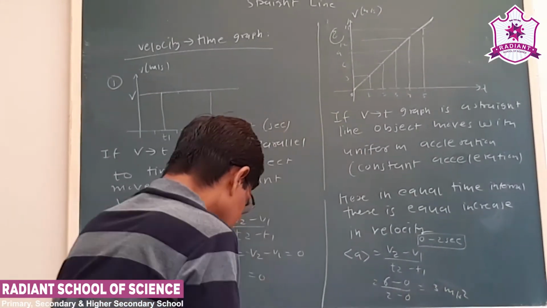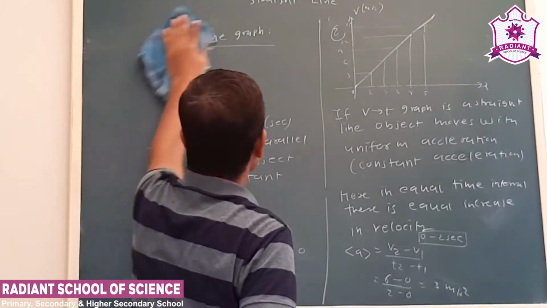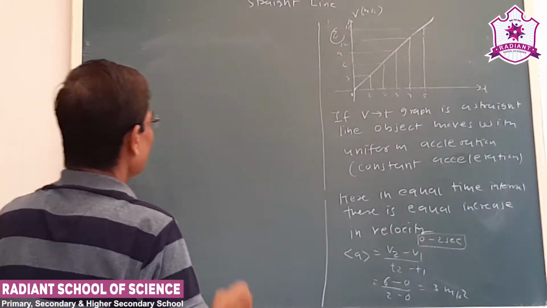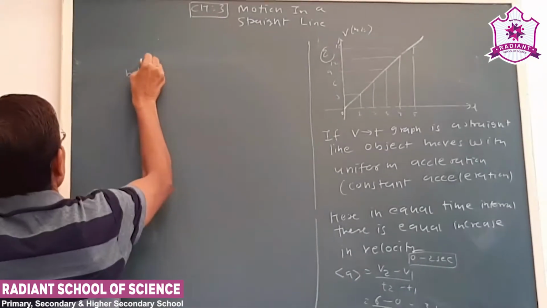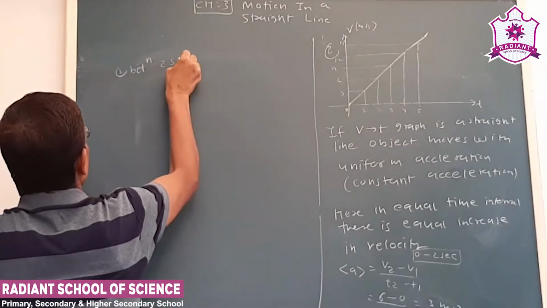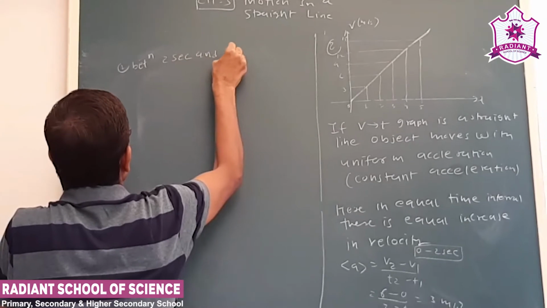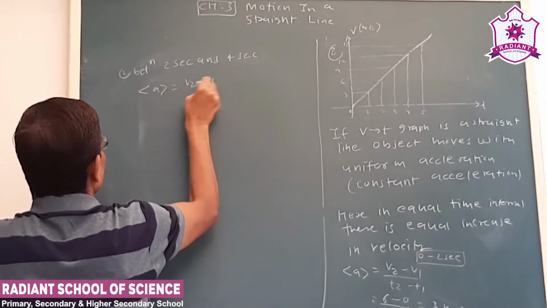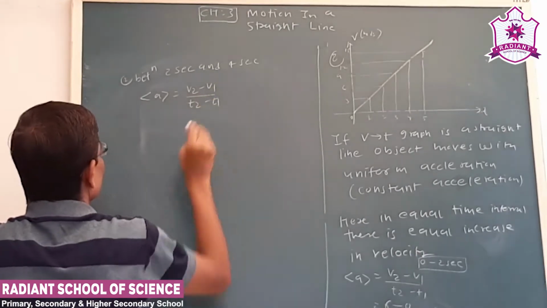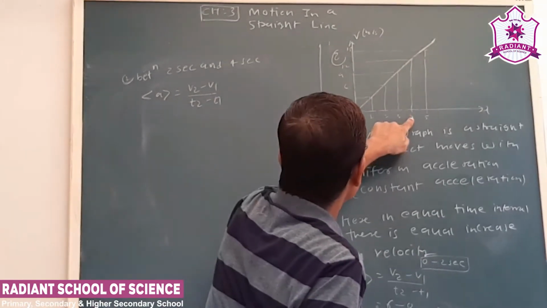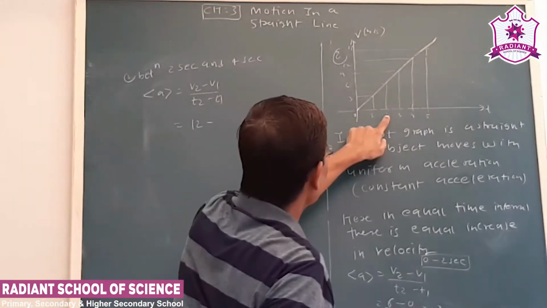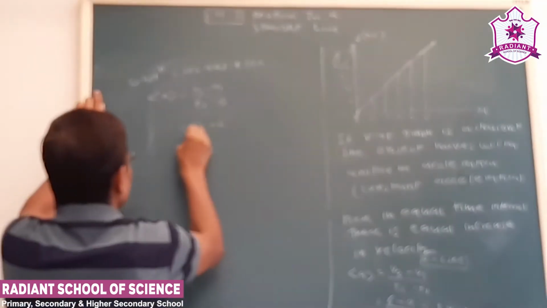Now suppose we find out the acceleration between 2 seconds and 4 seconds. In that case, average acceleration is v2 minus v1. Now at 4 seconds, the velocity is 12 meter per second, and at 2 seconds the velocity is 6 meter per second.